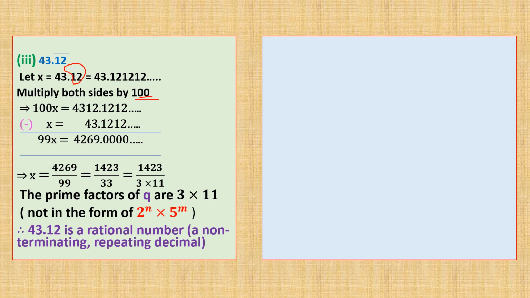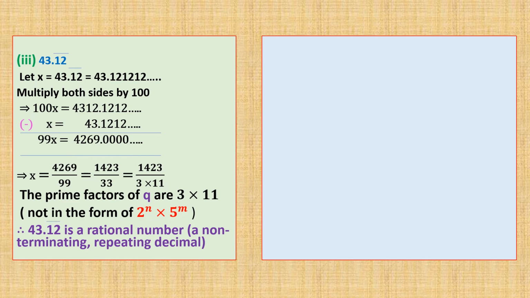After that, subtract x from 100x, take the result, send the 99 to the right side, and find the prime factors of q. If it is in the form of 2 power m into 5 power n, it is a terminating decimal. If it is not in that form, it is a non-terminating decimal.